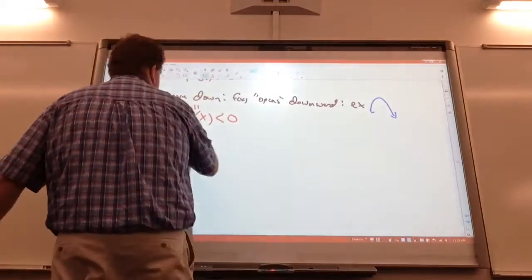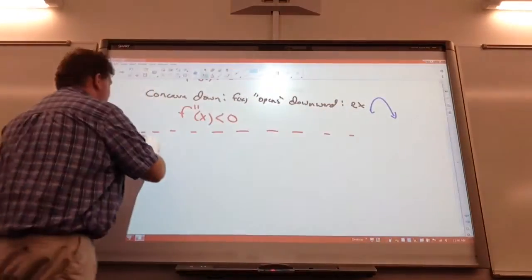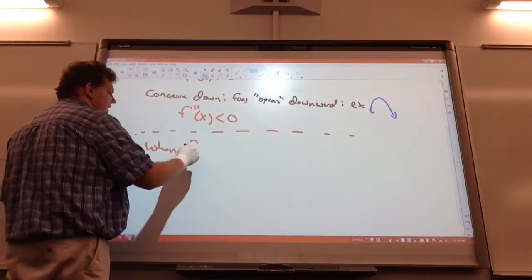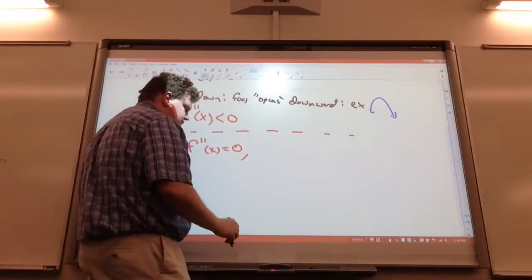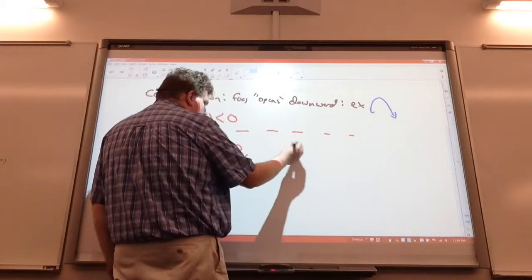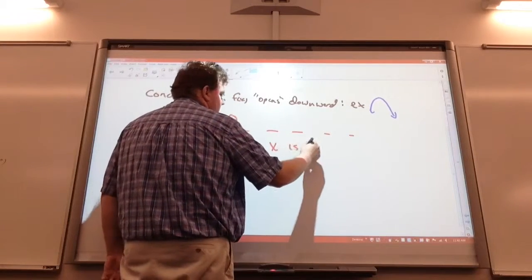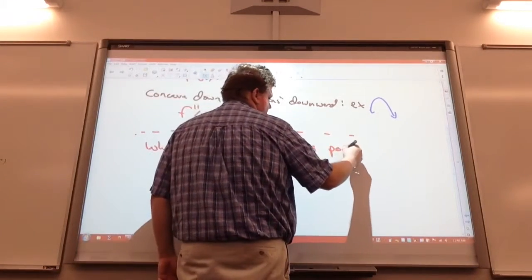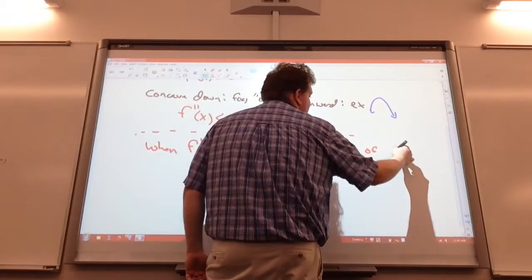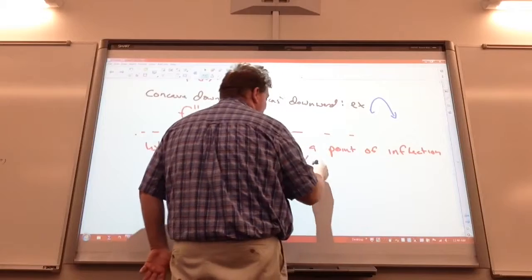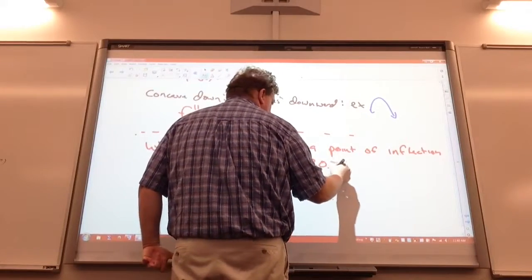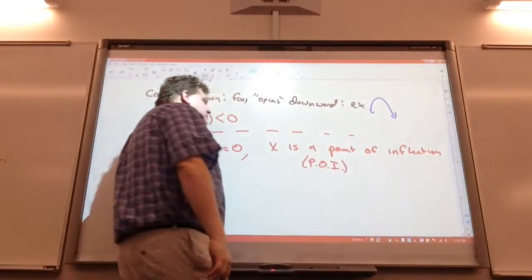So, when f double prime of x is equal to 0, x is a point of inflection, POI.